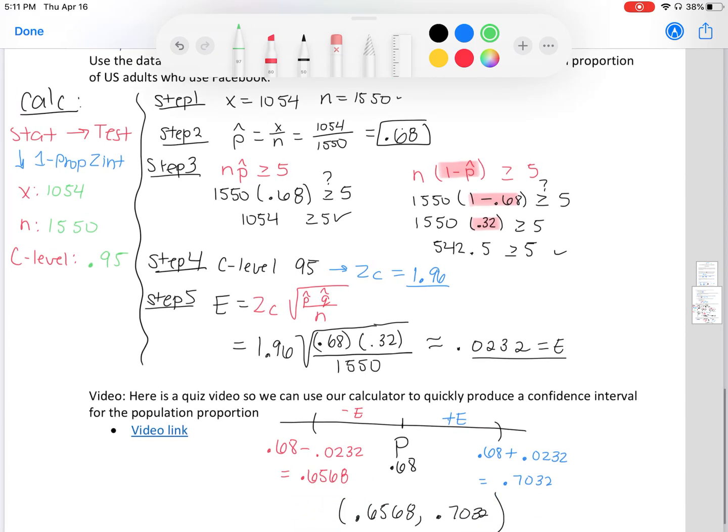Once we enter those pieces of information, it gives us an answer as a confidence interval: 0.65678 to 0.70322. It also gives us what our p hat is and what our n is. Now, if you'd like to see the calculator in use, you can watch this video, which shows you how to punch it into your calculator using the same steps listed above.